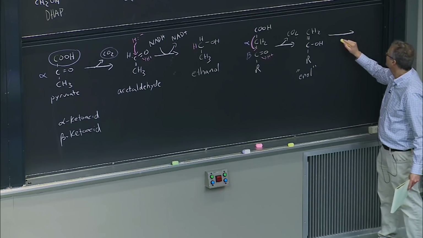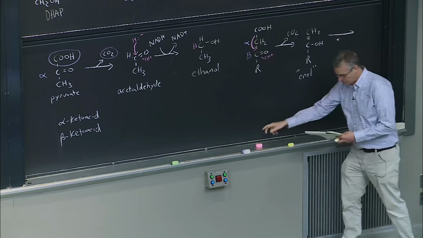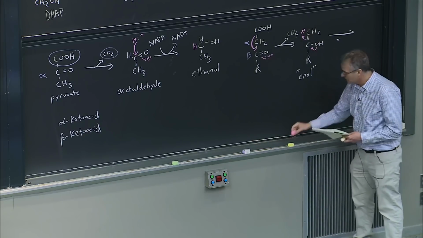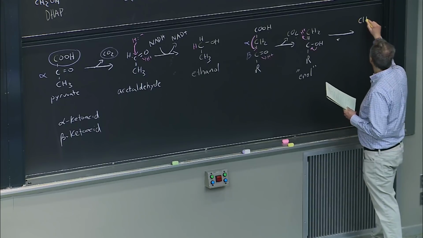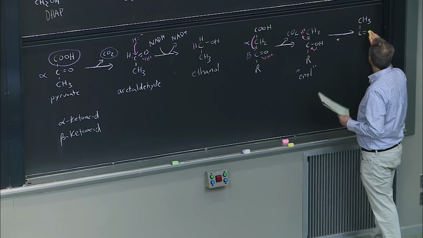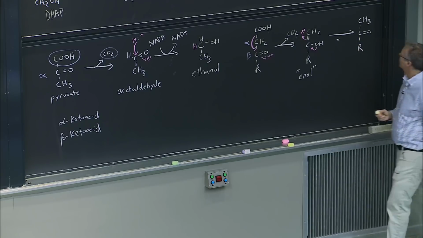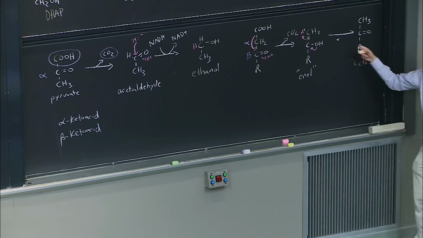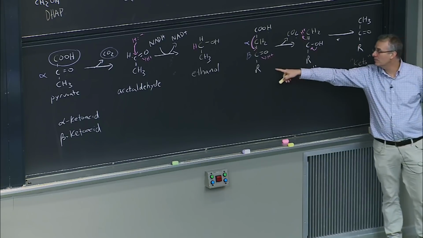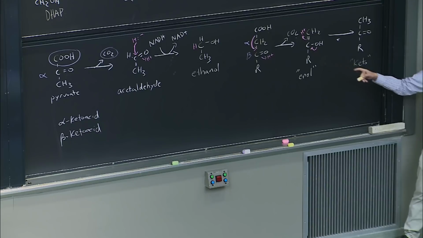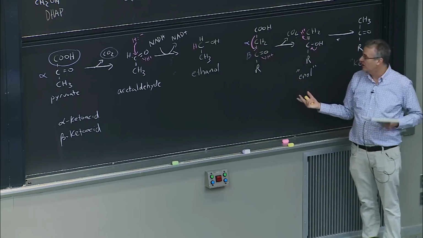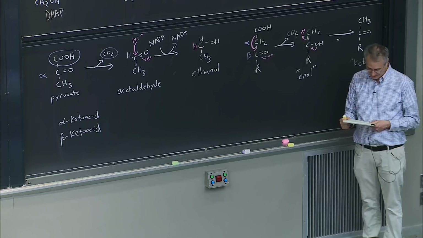And just like we talked about for the pyruvate kinase reaction, enols much prefer to rearrange into the keto form. And so decarboxylation of a beta keto acid generates an enol, which will rearrange to the ketone. This becomes very favorable, and so it becomes favorable to decarboxylate a beta keto acid.